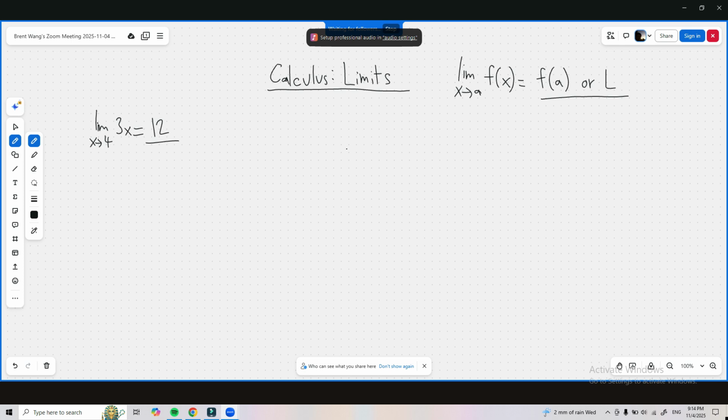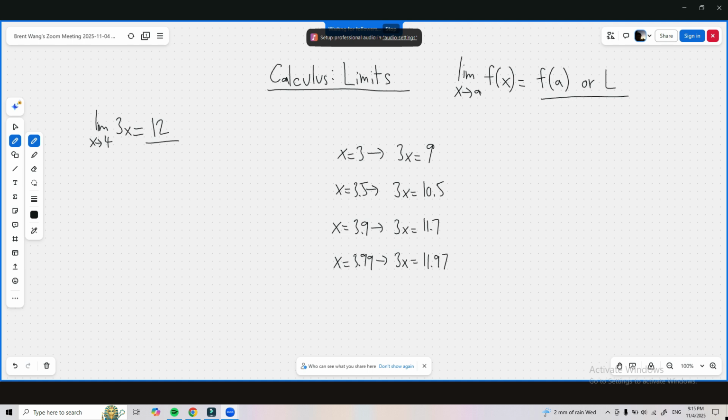If x was to equal 3, we'd get 3x is equal to 9. If x was to equal 3.5, we'd get 3x is equal to 10.5. If x was equal to 3.9, we'd have 3x is equal to 11.7. If x is equal to 3.99, we get 3x is equal to 11.97.